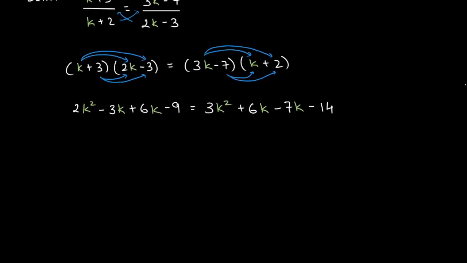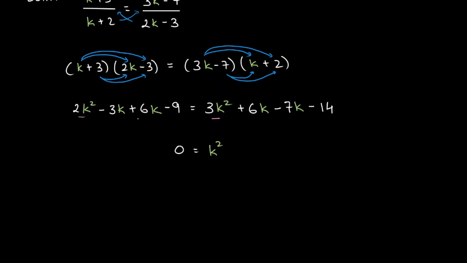Furthermore, let's just rearrange the entire equation, taking all the terms on one side. So let's see, what all do we have here? We've got 2k square and 3k square over here. So if I'm taking all the terms on the right hand side of my equation, I can start by saying 0 is equal to 3k square minus 2k square will make it k square, right?